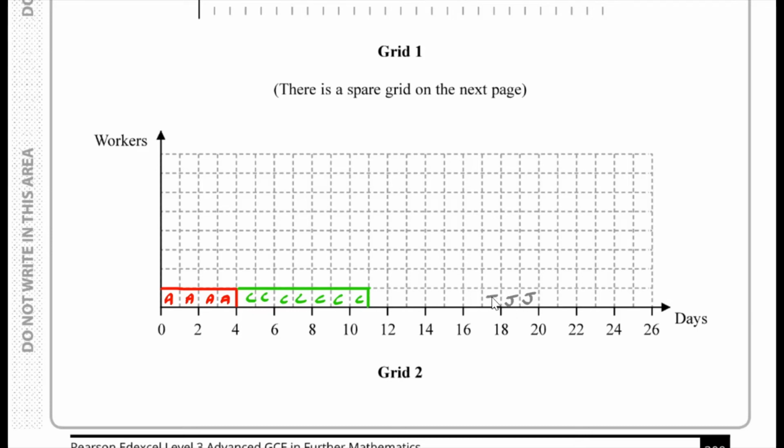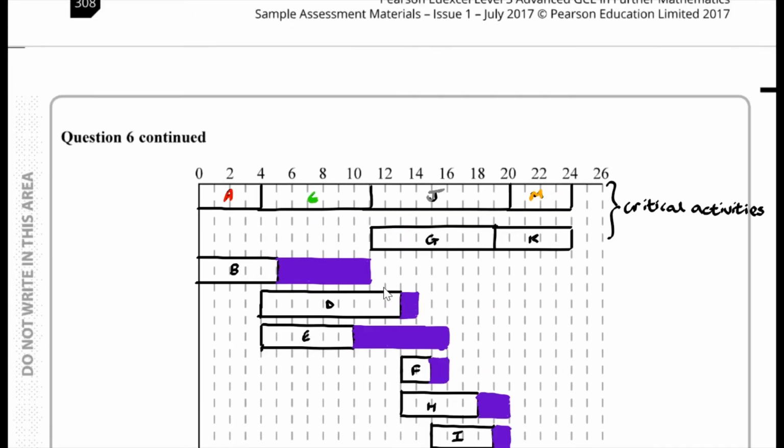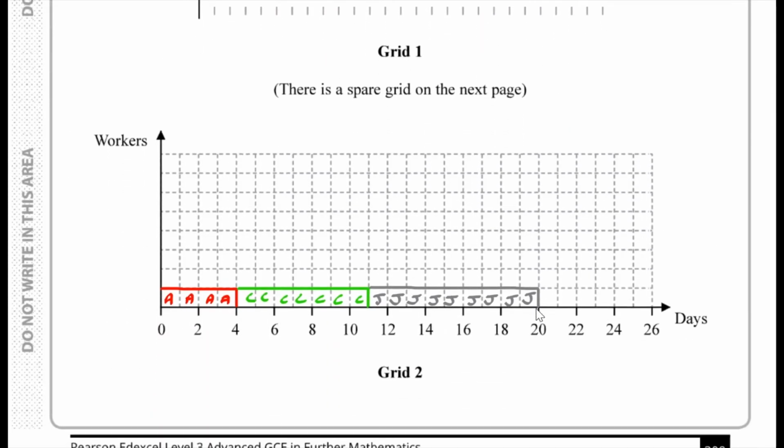So let's just add J's here. So if we add that over here, this is J. Again, our critical activity. And then we finally have M, which takes us up to 24. So let's just add this in here. So this over here is M.